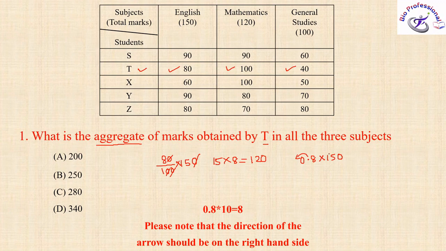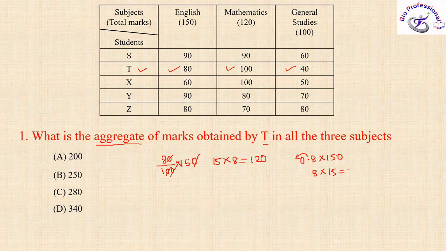And you keep one decimal here, so it becomes 8 into 15. Got this trick? It becomes easily 120. You are dividing this with 10 and multiplying this with 10, meaning the same thing. So it becomes 8 and 15, so 120. Clear? So 80% of 150 is 120.